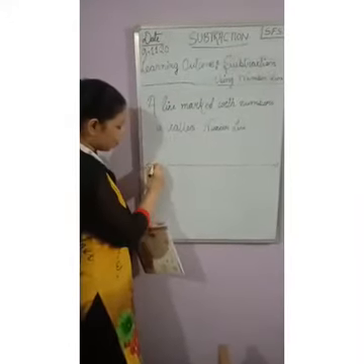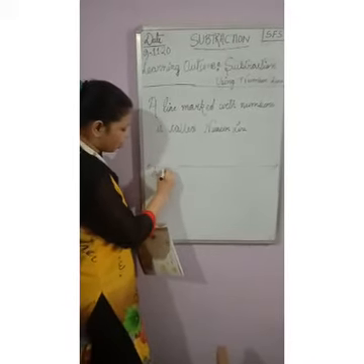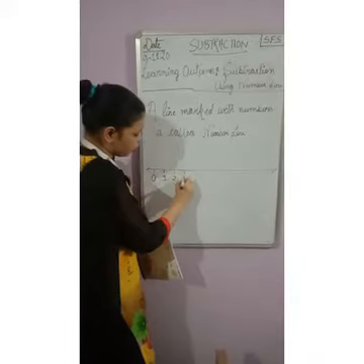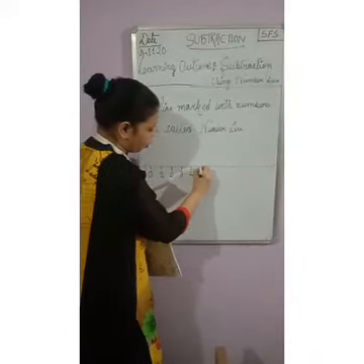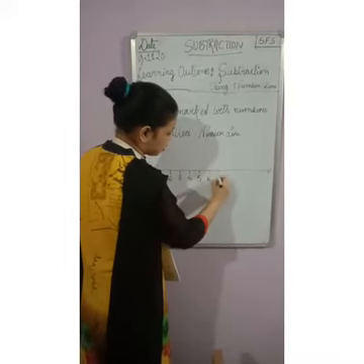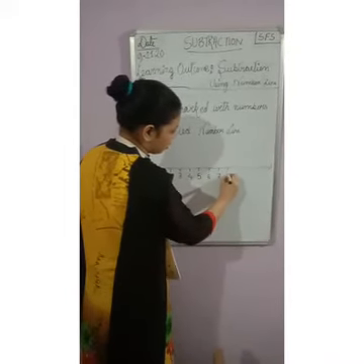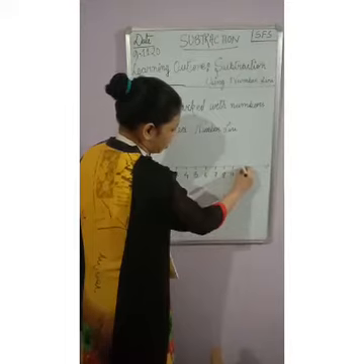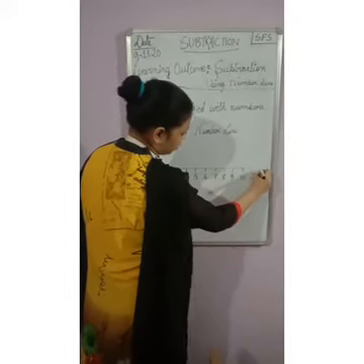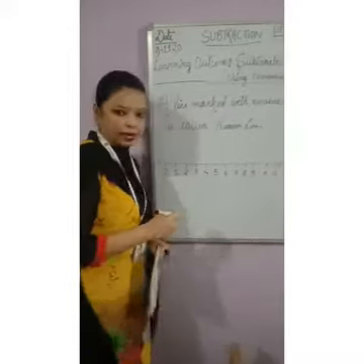You start from 0, 1, 2, 3, 4, 5, 6, 7, 8, 9, 10, 11 and 12.